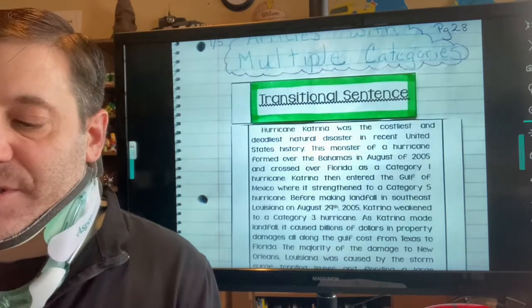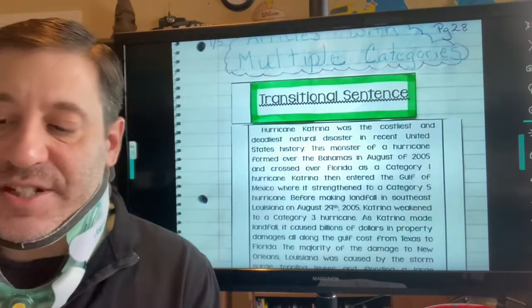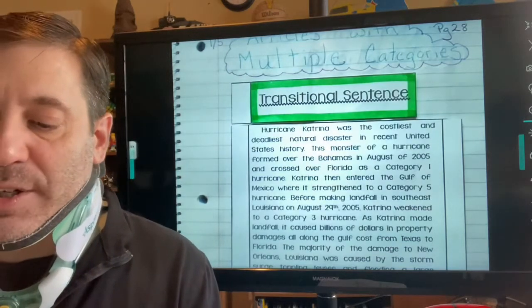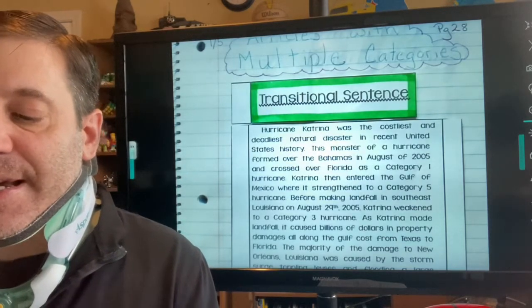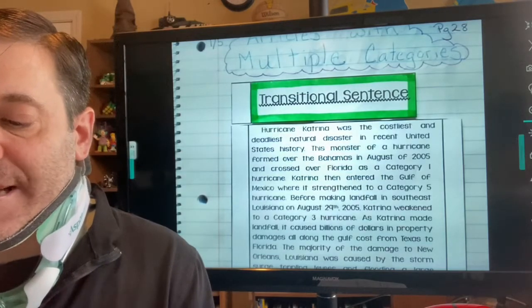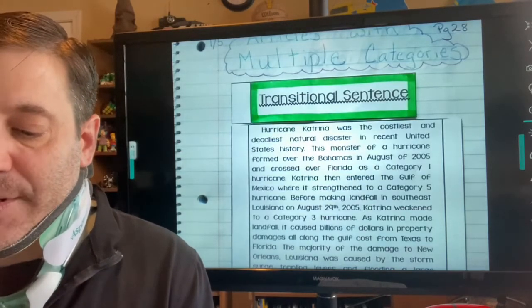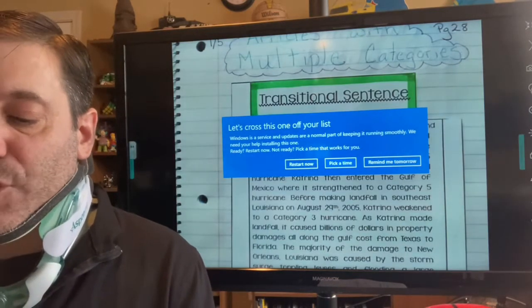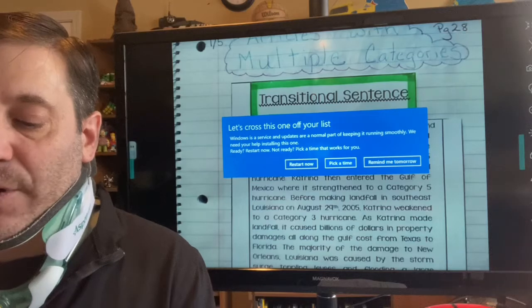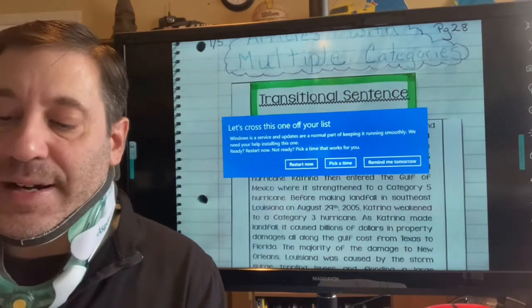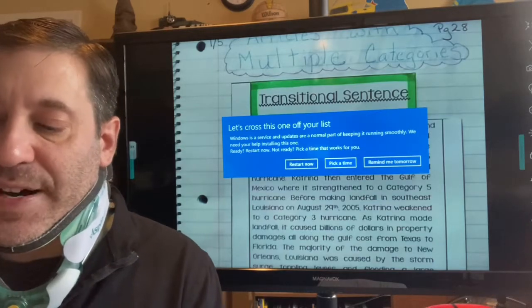Hurricane Katrina was the costliest and deadliest natural disaster in recent United States history. This monster of a hurricane formed over the Bahamas in August of 2005 and crossed over Florida as a Category 1 hurricane. Katrina then entered the Gulf of Mexico, where it strengthened to a Category 5 hurricane, before making landfall in southeast Louisiana on August 29, 2005.